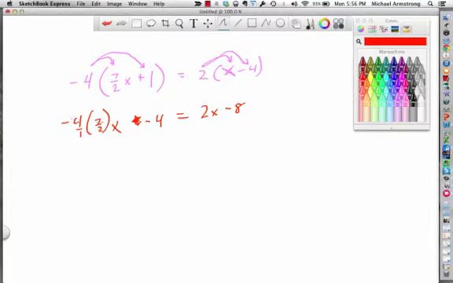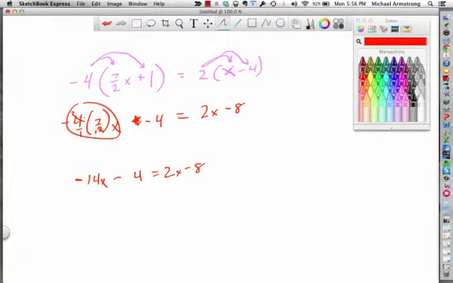Here, 4 ones times 7/2 is 28/2. Or I could actually just simplify first, change that to a 2 and that to a 1. 4/2 is the same as 2 ones. And 2 times 7 is 14. That is a -14 over 1. Minus, oh, there's an x there. There's the x. -4 equals 2x minus 8.